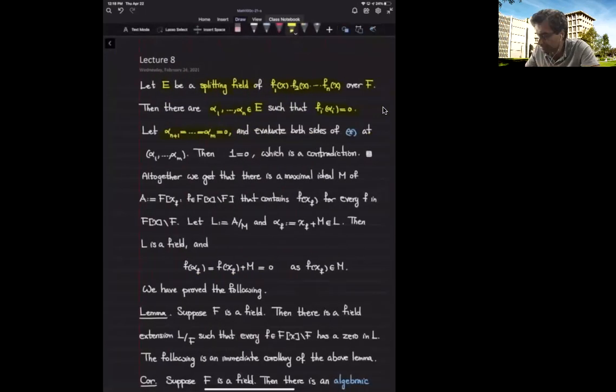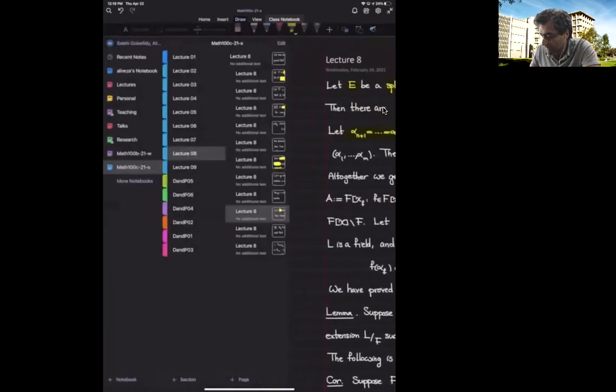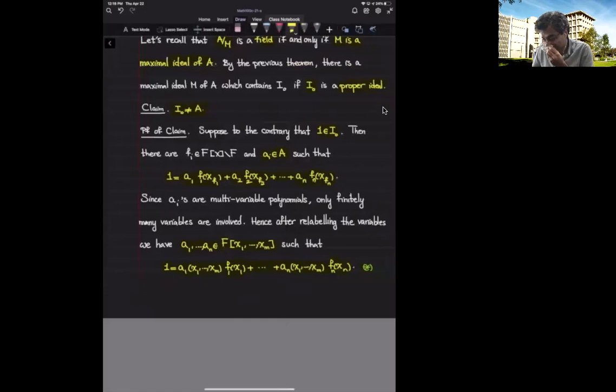Let's set them to zero. After evaluating this equality at alpha 1 through alpha n, the left-hand side will be 1, but the right-hand side will be 0, and we get a contradiction.